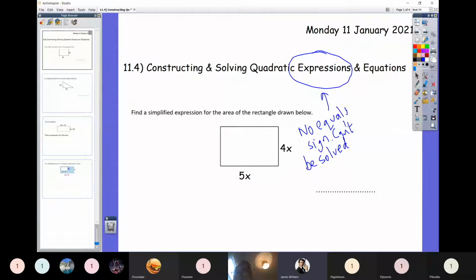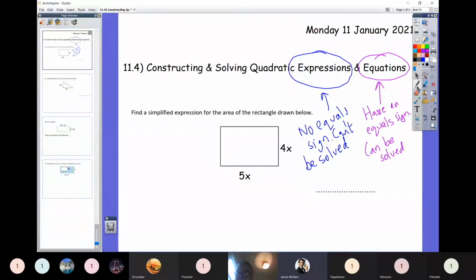But if you've got an equation, you know, that equals something, so these have an equal sign. So these can be solved. I think there might be only one today we've got to try and solve.